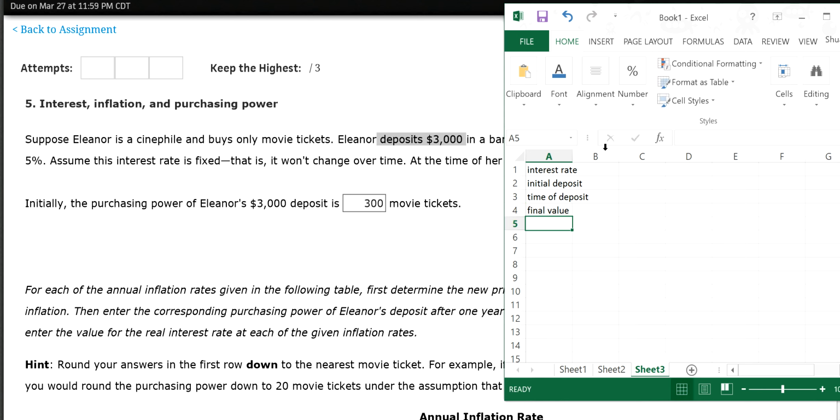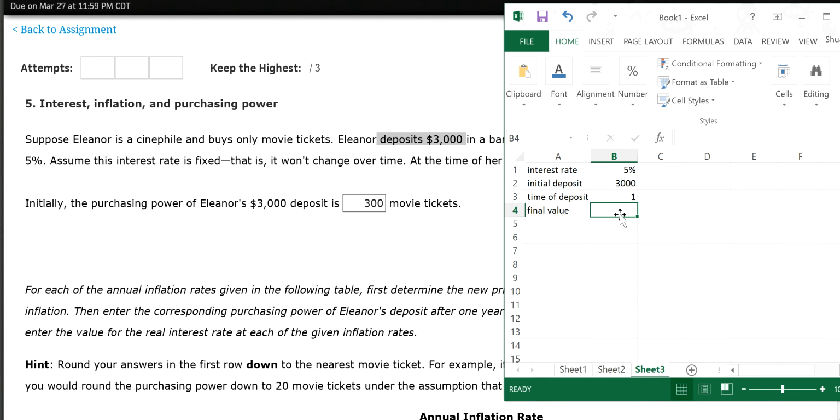Alright, so for our calculation over here, the interest rate for this problem is 5%. Initial deposit was $3,000, and then time of deposit for the first one is going to be 1 year.